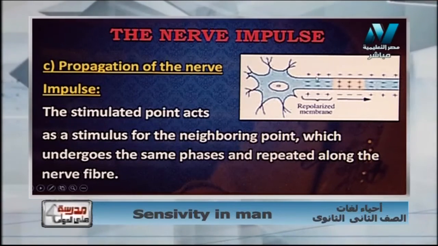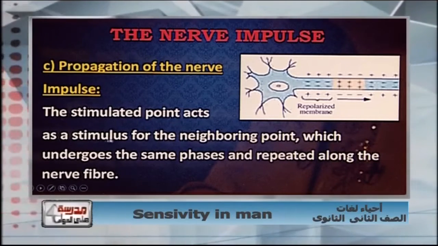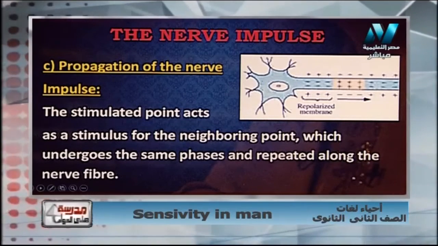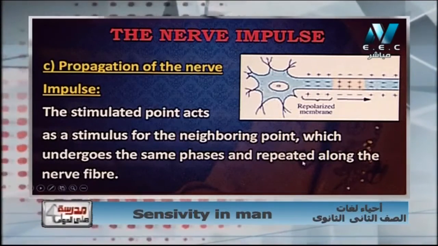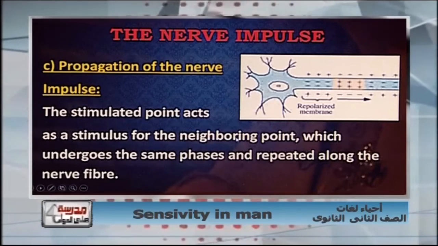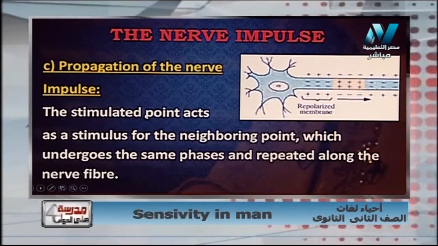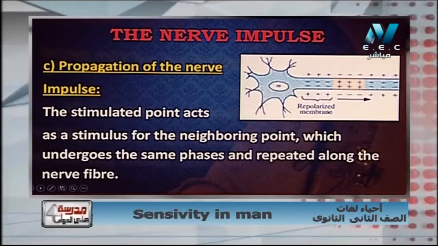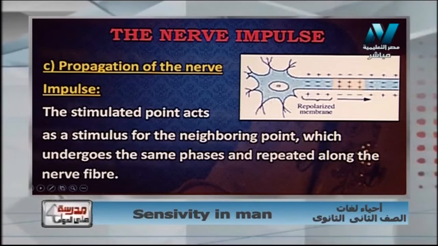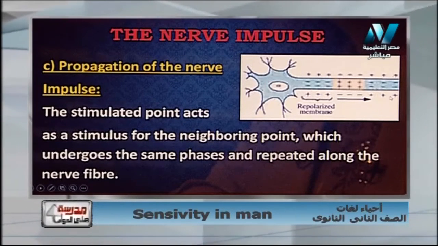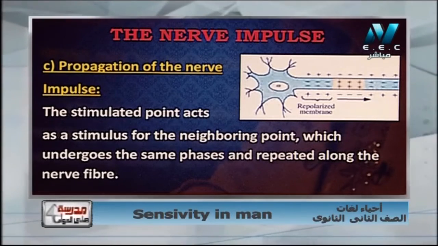The stimulated point acts as a stimulus for the neighboring point, which undergoes the same phases, and the propagation of the nerve impulse is repeated along the nerve fiber, and it moves towards the terminal arborization of the neuron. So from the cyton along the axon and ends towards the terminal arborization of the axon.